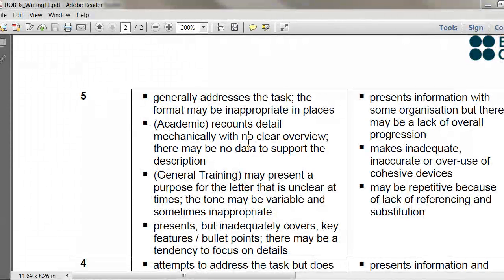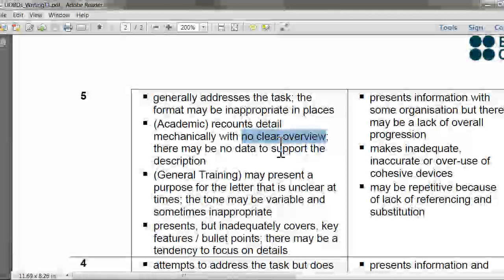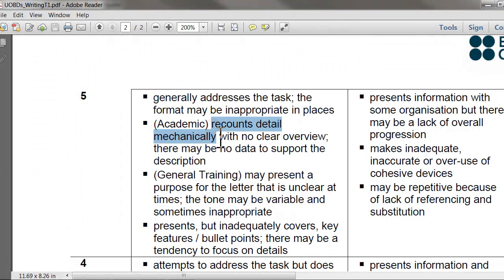Okay, here's what it says here. No clear overview. So this means that your score gets restricted if you've got no clear overview. So a 5 for academic recounts detail mechanically, maybe a bit difficult to explain, but I'll explain what this is when I come back to the task.